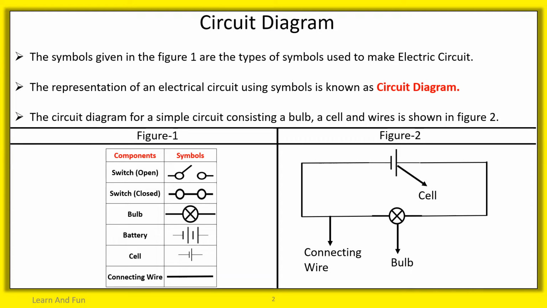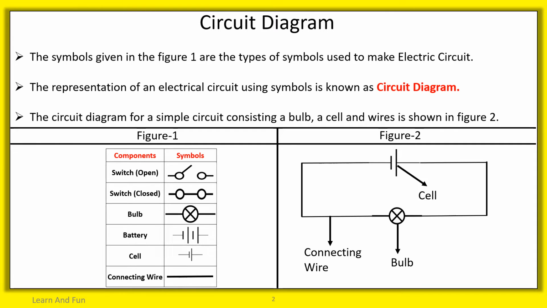In the battery symbol, there are two small lines and two big lines, which are two negative terminals and two positive terminals. Like that, a cell has just one positive and one negative terminal. Next, at the end, we have the connecting wire, which is just a straight line and easy to learn.